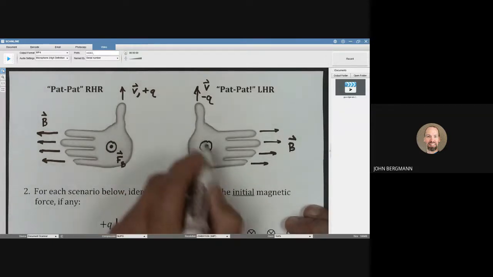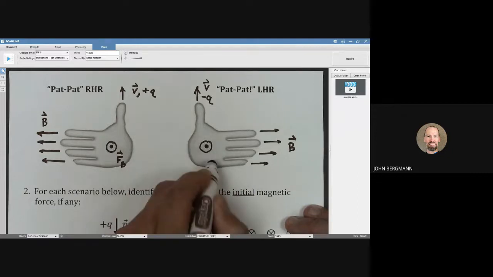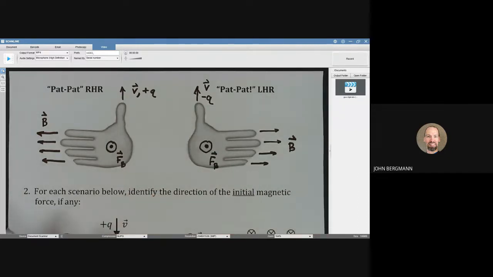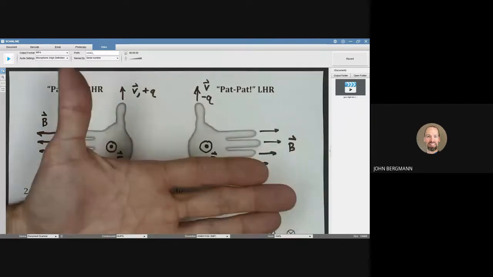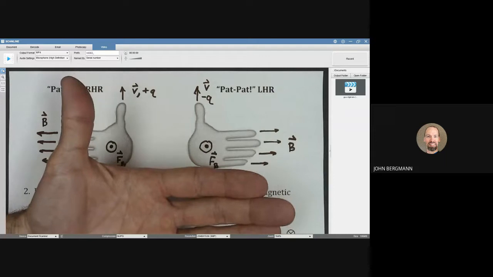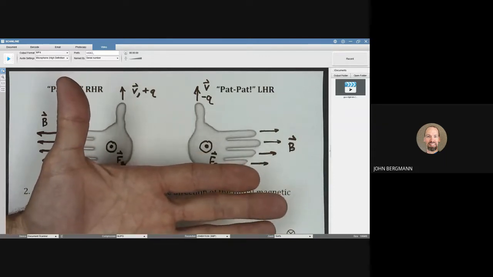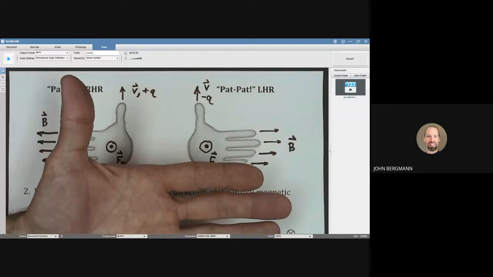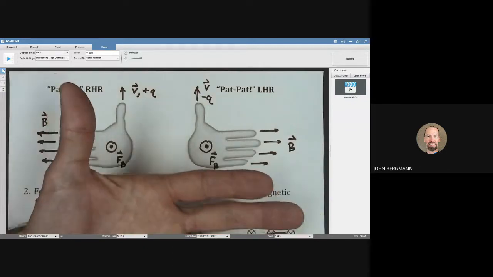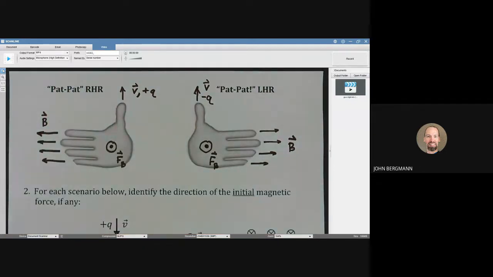In this case, the way this diagram is oriented, the magnetic force is going to act towards the camera. Our left hand, charge is moving towards the top of the screen, magnetic field is directed towards the right, and pat, towards the camera.